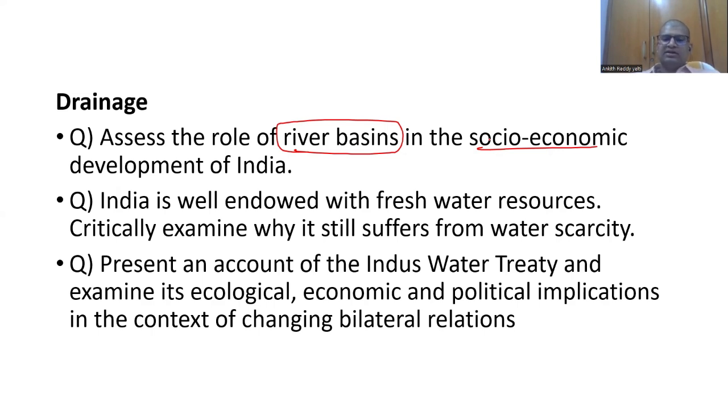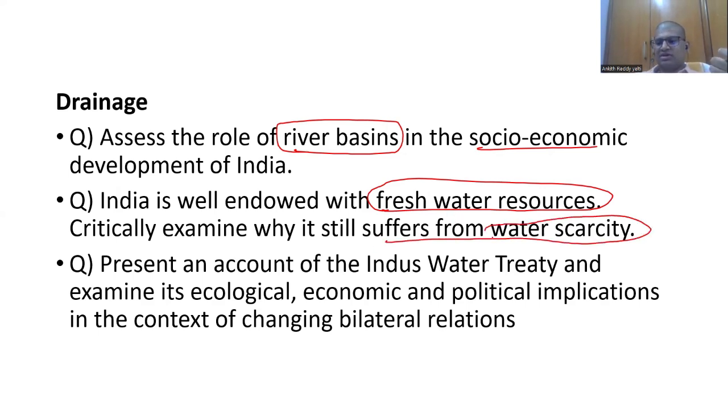India is well endowed with freshwater resources: rivers, lakes, underground water and glaciers. We have sufficient freshwater resources, but then we suffer from water scarcity. Here you have to address why we suffer from scarcity. Yes, we have water resources, but they are not equally distributed.